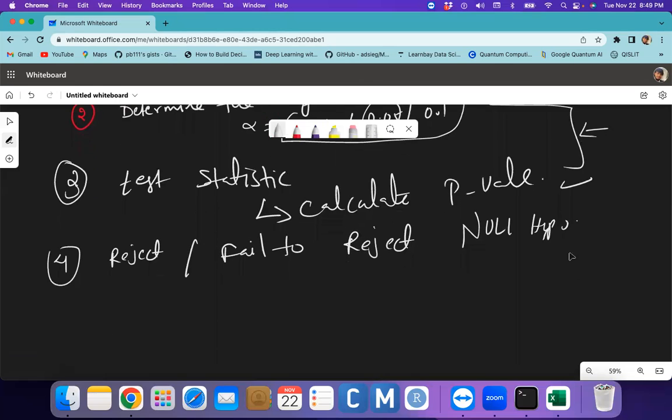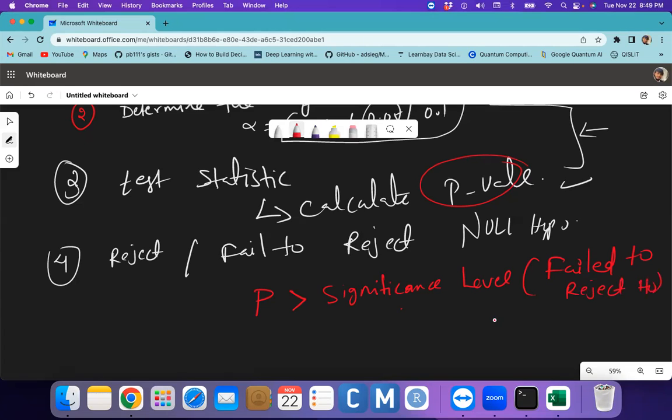For example, if the p-value we calculated here is greater than the significance level, then it means we fail to reject the null hypothesis, so simply accepting the null hypothesis.